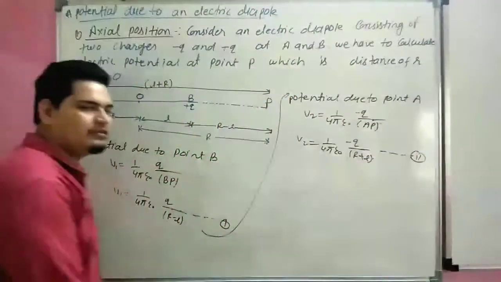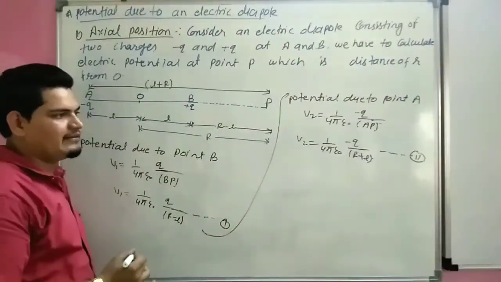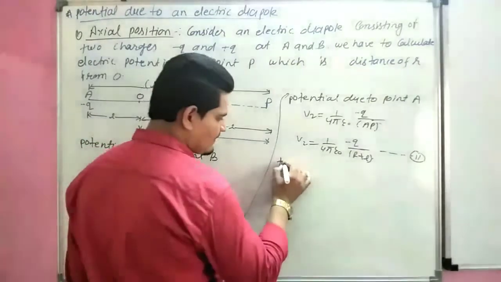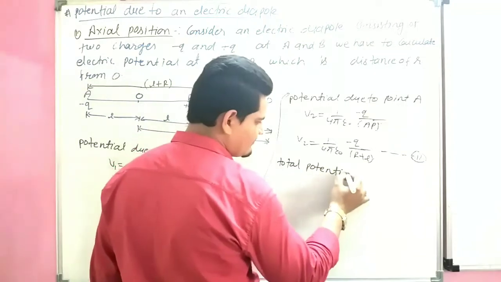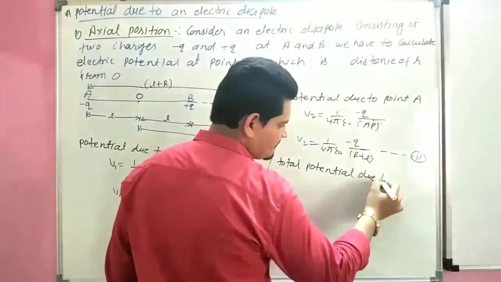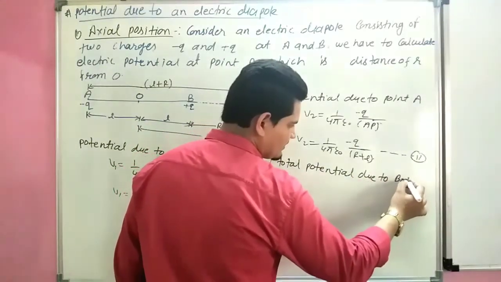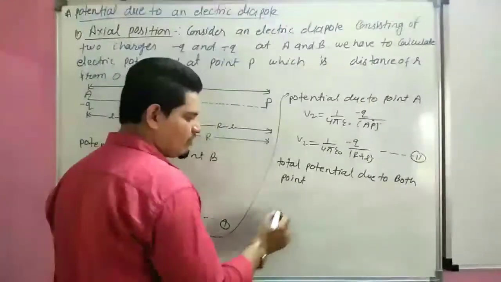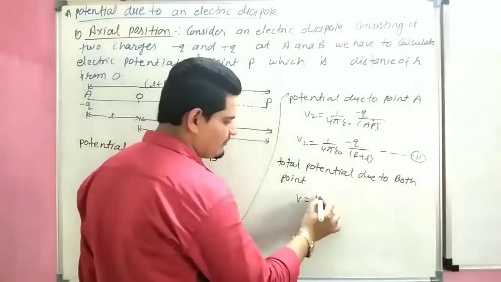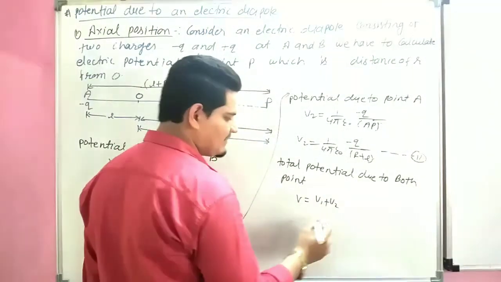We can write R plus l. This is equation 2. Now, when we calculate the total potential due to both points, V is equal to V1 plus V2.